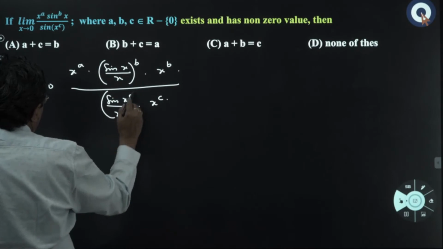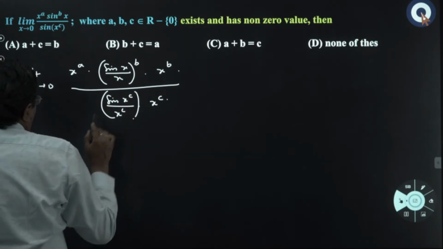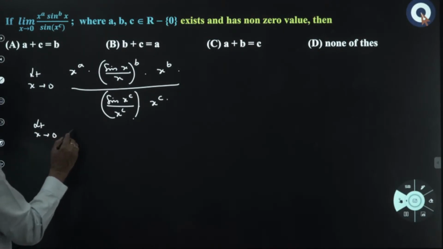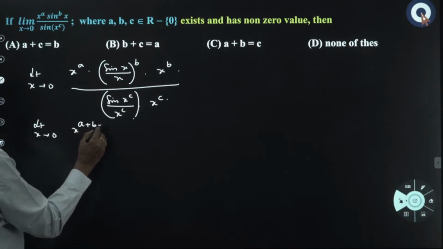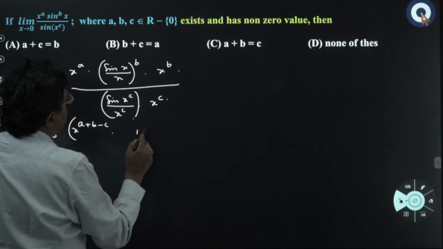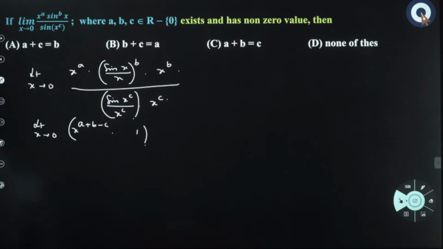So as x tends to 0, this is the limit as x tends to 0 of x^(a + b − c) into all this one that is there. So if this has to be a non-zero value, we should have x^(a + b − c) become 1. That is the only option.